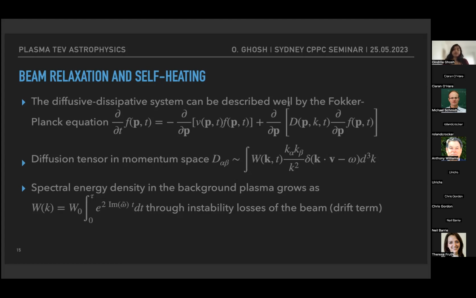And the instability losses constitute this drift term. So this V here is P parallel dot, meaning this is the rate of change in momentum in the direction parallel to the propagation of the beam.